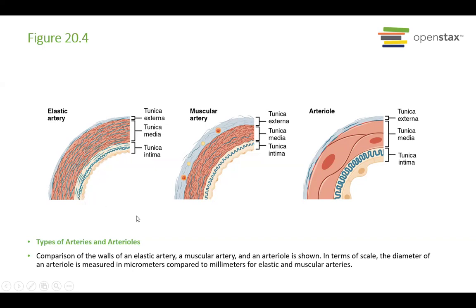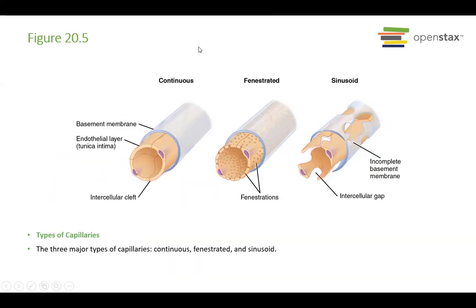Then you have the tunica media. This tunica media is the middle thick layer that is rich in smooth muscle. And then you have a fibrous capsule that is your tunica externa all the way on the outside.